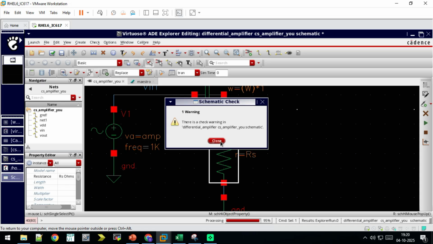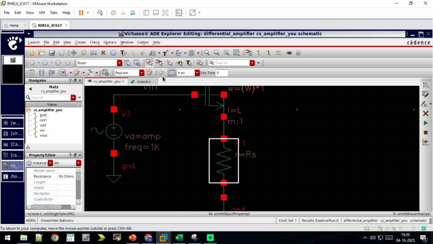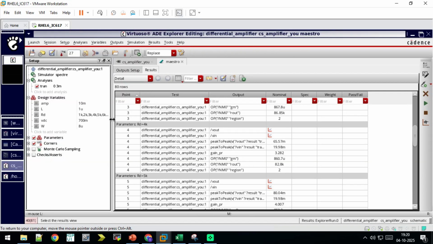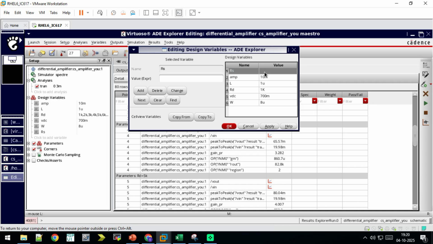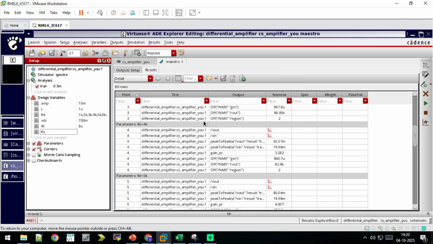So save it. RS resistance, 1 kilo ohm. Let me connect.